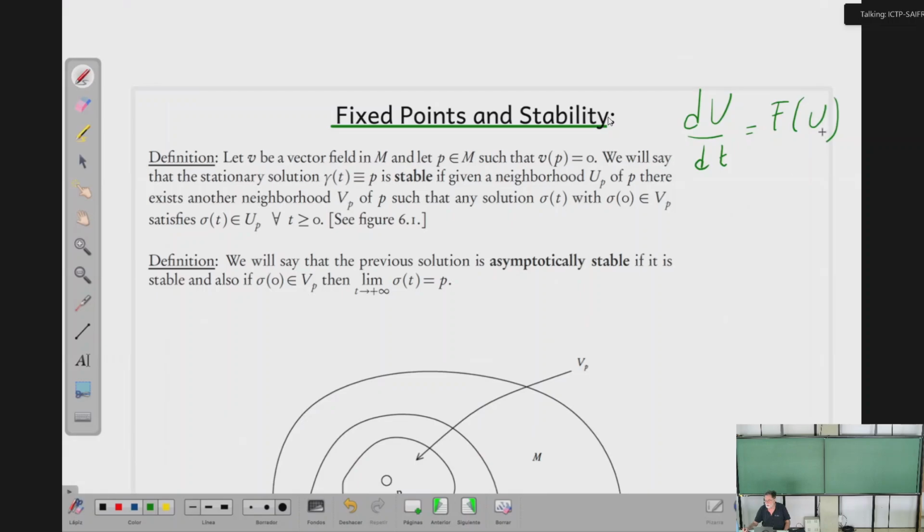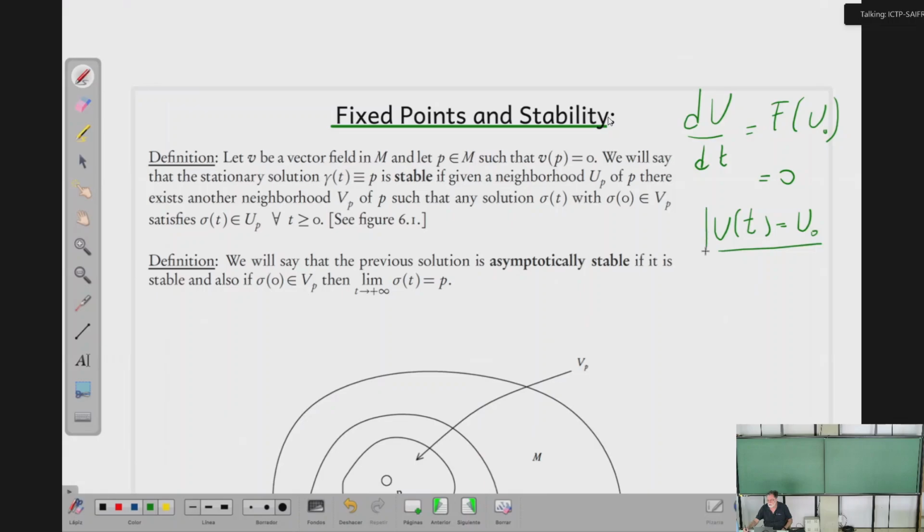Suppose at some point u0, f is 0. Then the solution is just a constant, u(t) equal to u0. So these are the easy solutions. You look at a point where f vanishes, and this gives you a solution. These are points where our vector field vanishes.